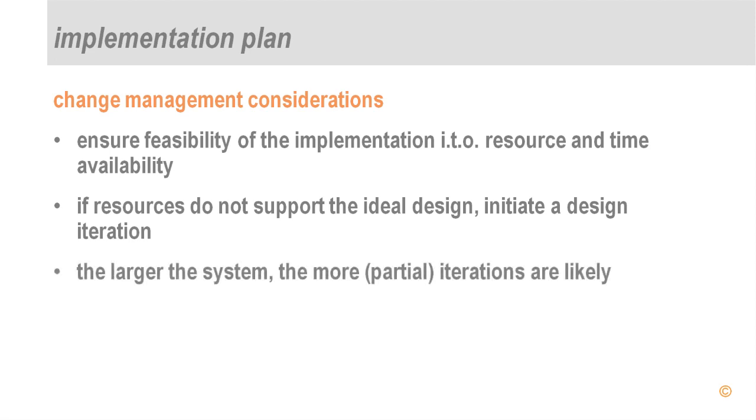The larger the system, the more partial iterations are likely. Not the overall, but between different parts of the system. If we have to change the overall design completely, then we haven't done a good design job a priori. We haven't considered all the problems of all the stakeholders and transformed them appropriately.